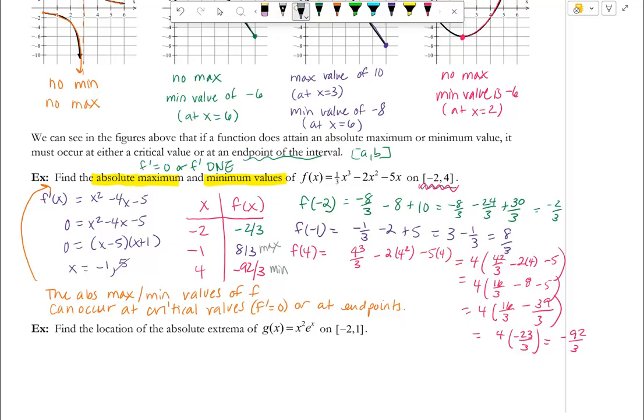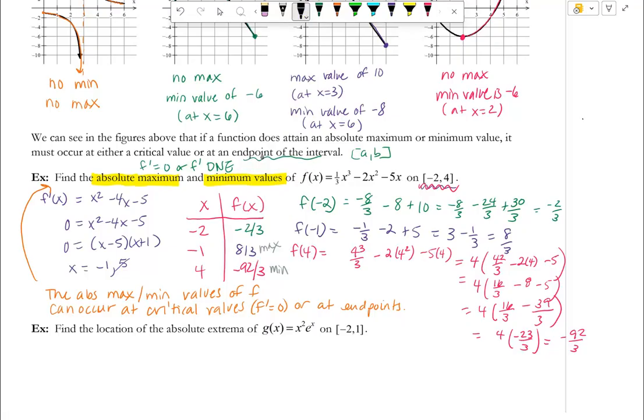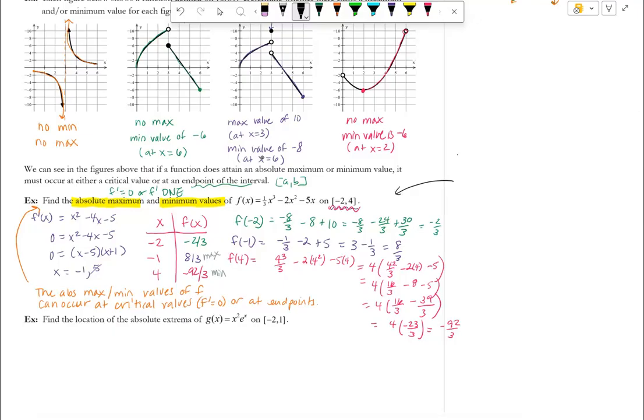So when I go to answer the question, when I'm finding the minimum and maximum values, it doesn't hurt to include the location. It's not mandatory if we're not asked for the location, but it's better sometimes to give too much information than not enough. I'm going to cheat and write my answer in no man's land since I did so much work finding f of 4. And I'm going to say the maximum value of f, and really I should be specific and say on the closed interval negative 2 to 4, is 8 thirds.